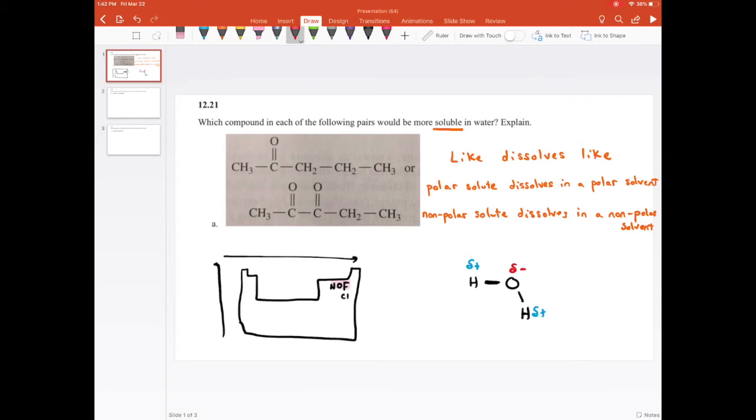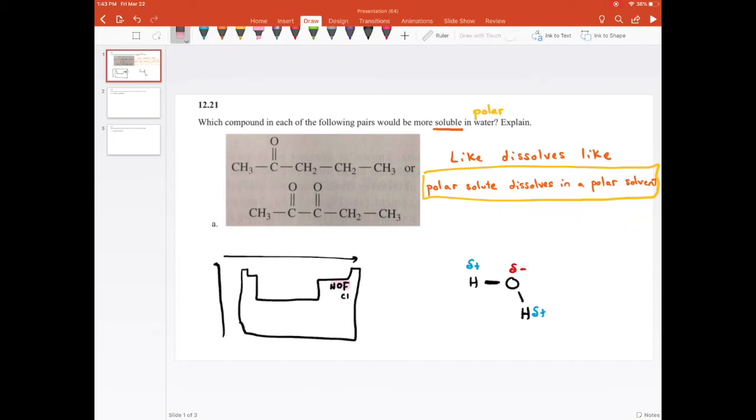So I'm going to write that here, water is very polar. Okay. So in this one, they're asking which compound would be more soluble in water. Well, that's going to be the compound that's more polar, because a polar solute dissolves in a polar solvent. Like dissolves like.